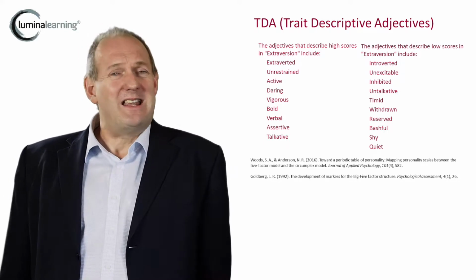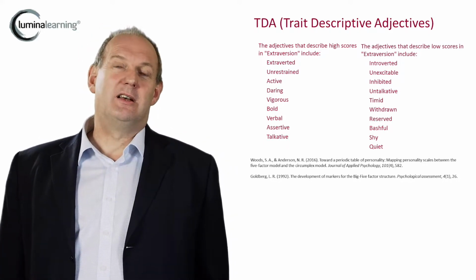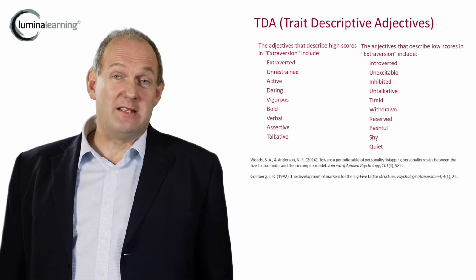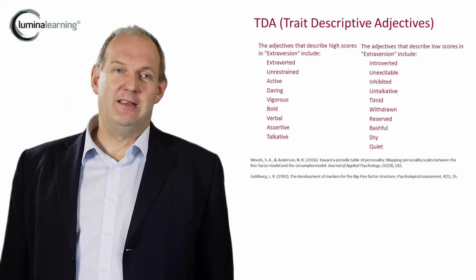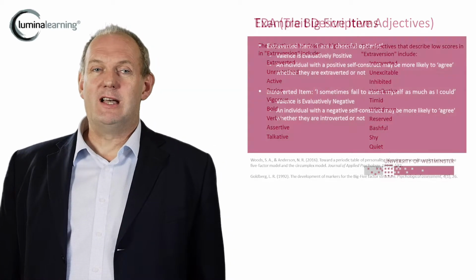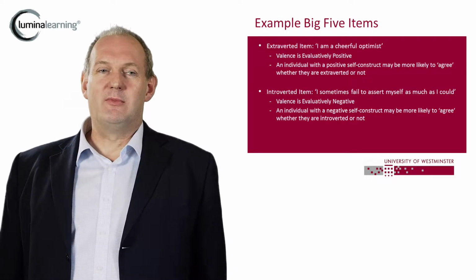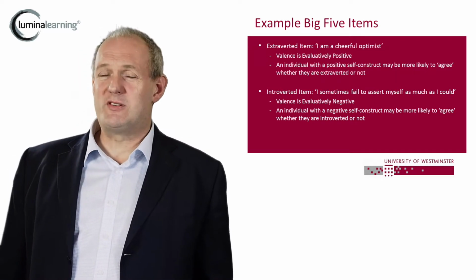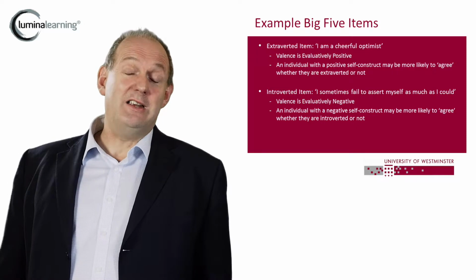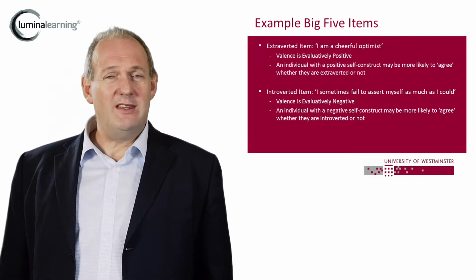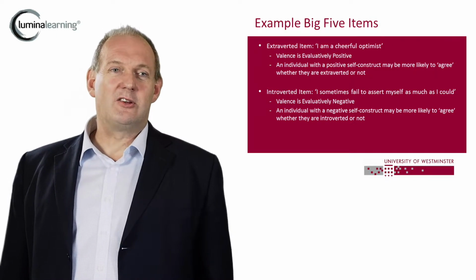You can get a sense just by looking at this data that the extroverted pole is slightly more socially desirable than the introverted one. And this happens in other instruments too. I'm a cheerful optimist could be an extroverted item. I sometimes fail to assert myself as much as I could is an introverted item from a popular instrument on the market. You can see the evaluative bias coming through.